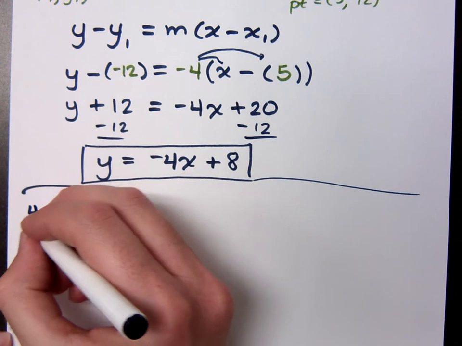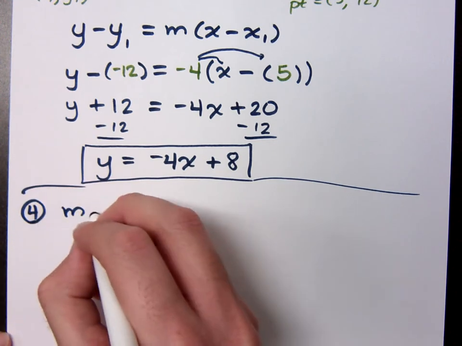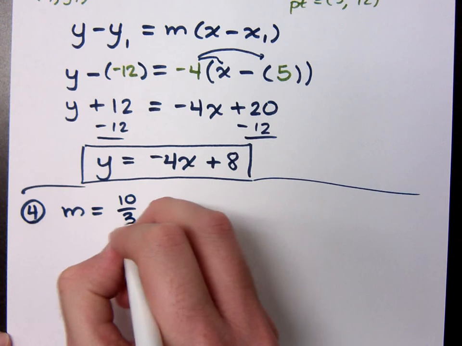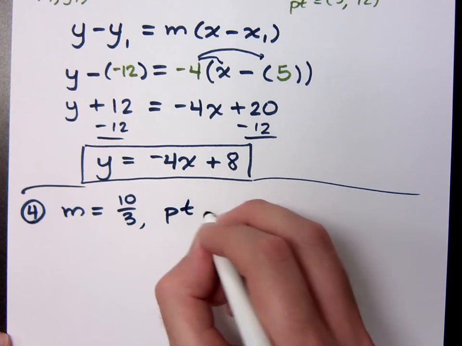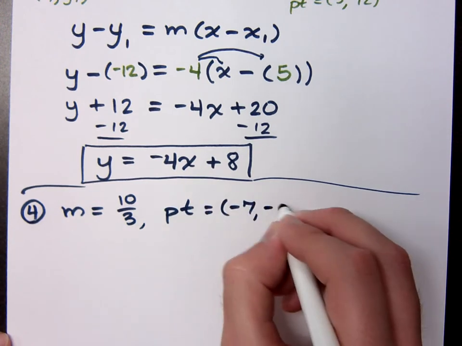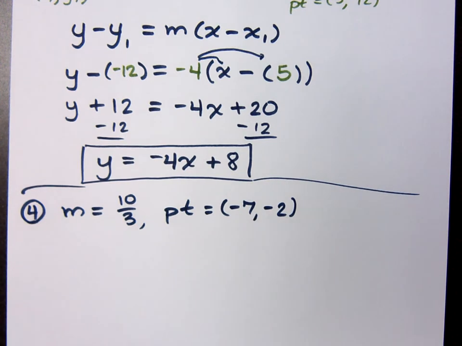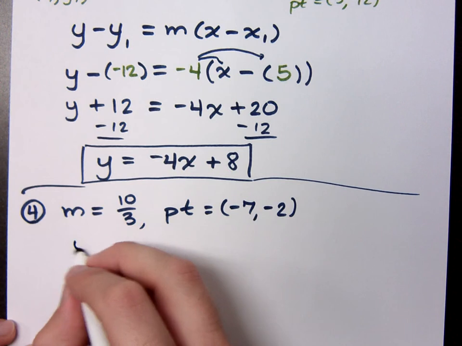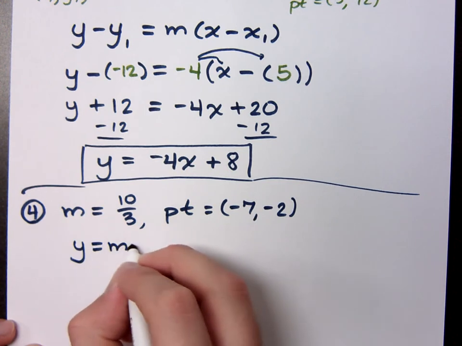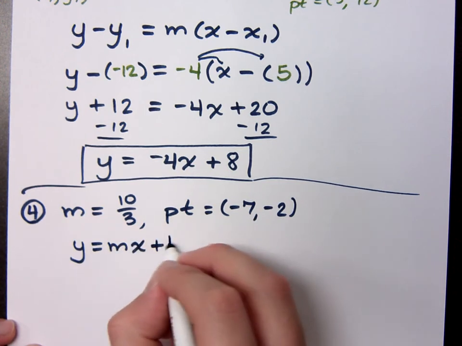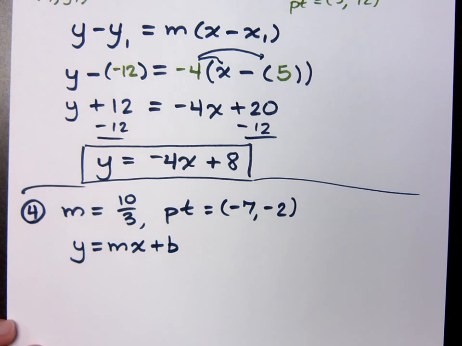But let's see. Suppose I tell you that the slope is equal to 10/3, and the point we go through is -7, -2. Well, if I use this slope-intercept form, and I do y equals mx plus b, what am I trying to get from this formula, y equals mx plus b?